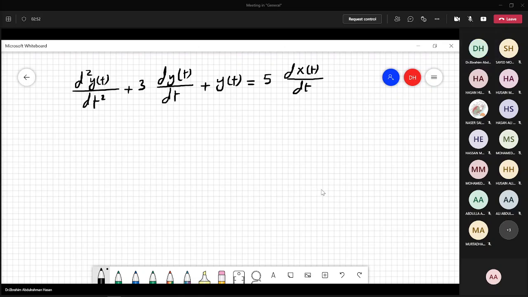As we said, if we have a system, this is my input and this is my output.